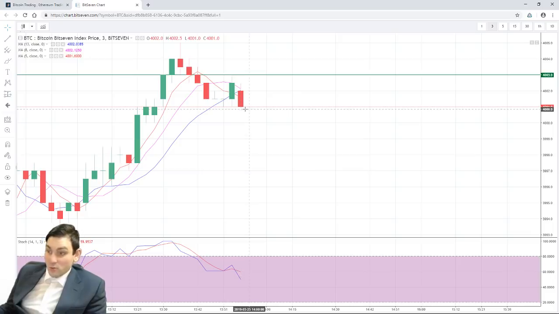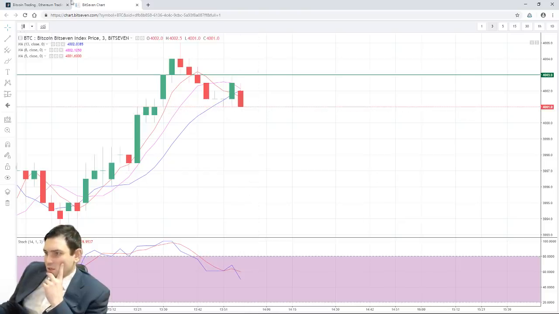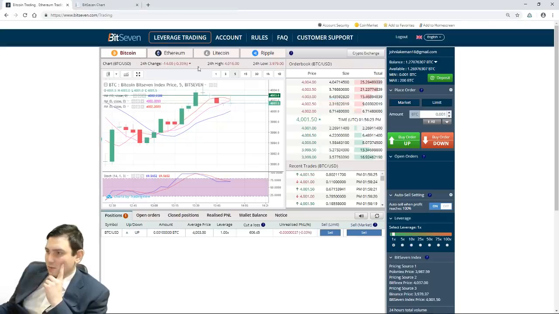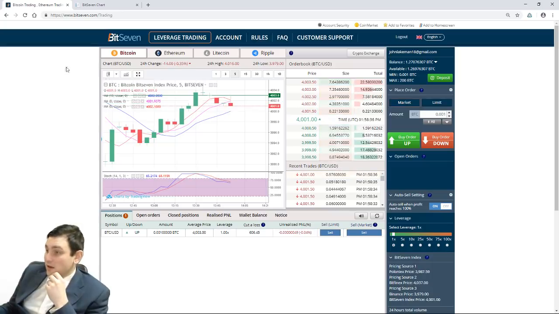So let's wait. By the way, we can have a look at what's going on in other charts, and I think it's not a secret that Ethereum and Litecoin are pretty much correlated to Bitcoin. So it's interesting what trends are there.